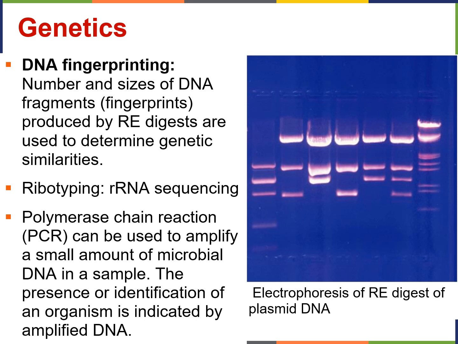So PCR, polymerase chain reaction, this is, again, it is machine-based. What it does is, I want you to think of it like it's a copy machine. It takes one piece of DNA or RNA and it makes potentially millions of copies of that one piece of DNA. Why would you want to perform PCR? Well, a very common reason that you would perform PCR is if you're looking for a very particular species of bacteria, it may be present, but it may be present in very, very low concentrations.